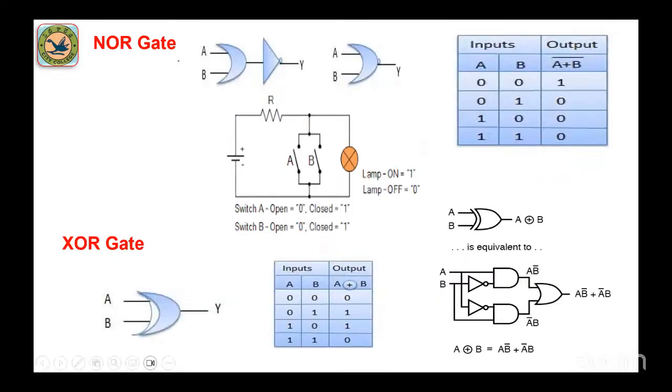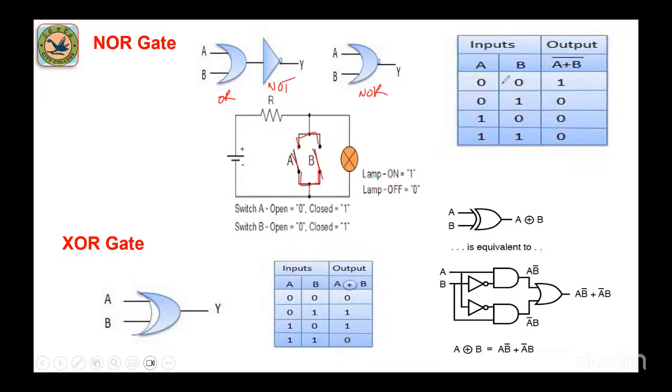Next is the NOR gate. A NOR gate is nothing but an OR gate followed by a NOT gate. Here the switches are connected in parallel.